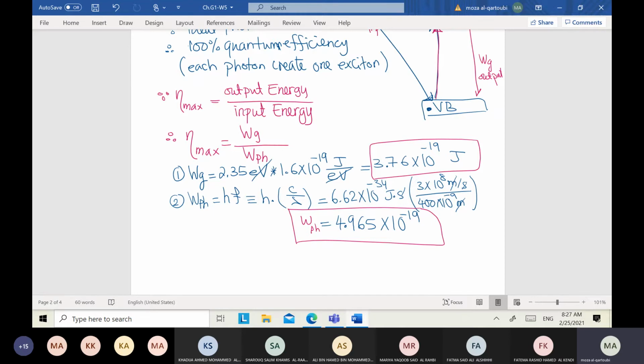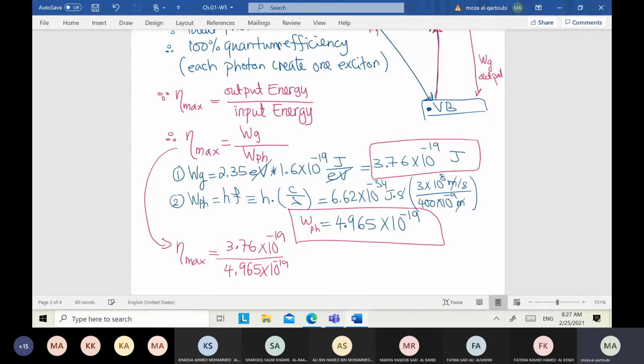Okay, so now step number 3, we go back to our note to find the maximum efficiency. We can find maximum efficiency as a ratio or multiply by 100 to find it as a percentage. First we find it as a ratio: 3.76, the output energy, divided by the input, 4.965 times 10 to the power minus 19.